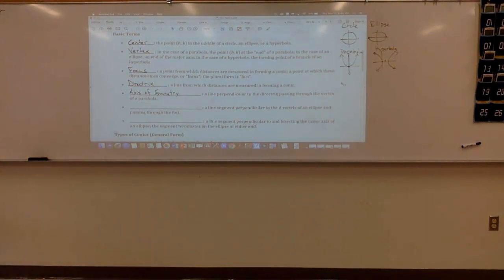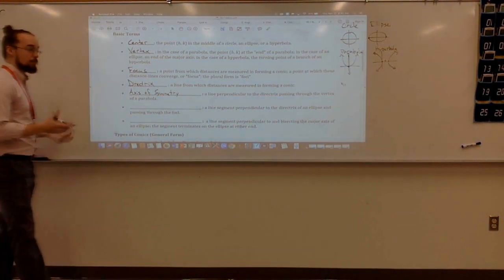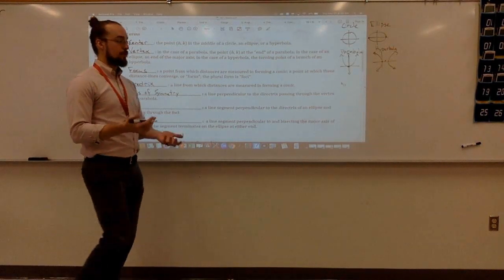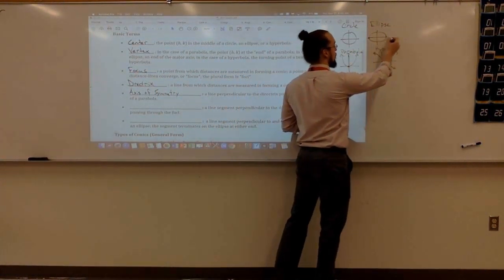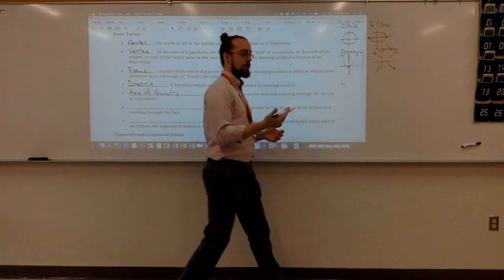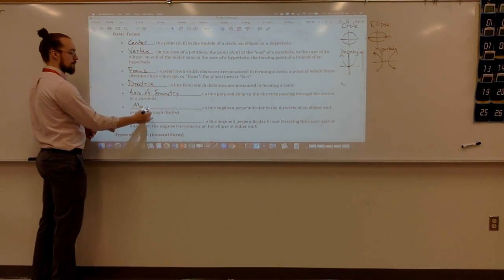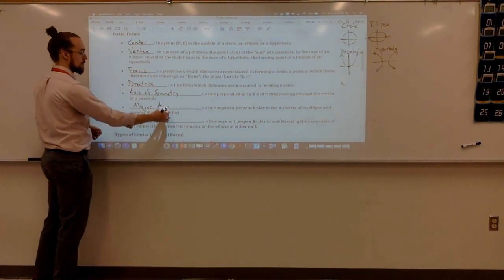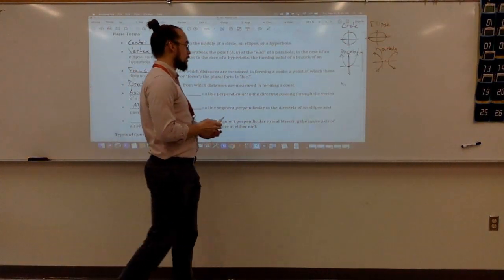And then, if we're talking about an ellipse, we have 2 more. The first one, a line segment perpendicular to the directrix, passing through the foci. That's going to end up being a line right through the middle of an ellipse like this. That's called the major axis. And then the last one, a line segment perpendicular to and bisecting the major axis.